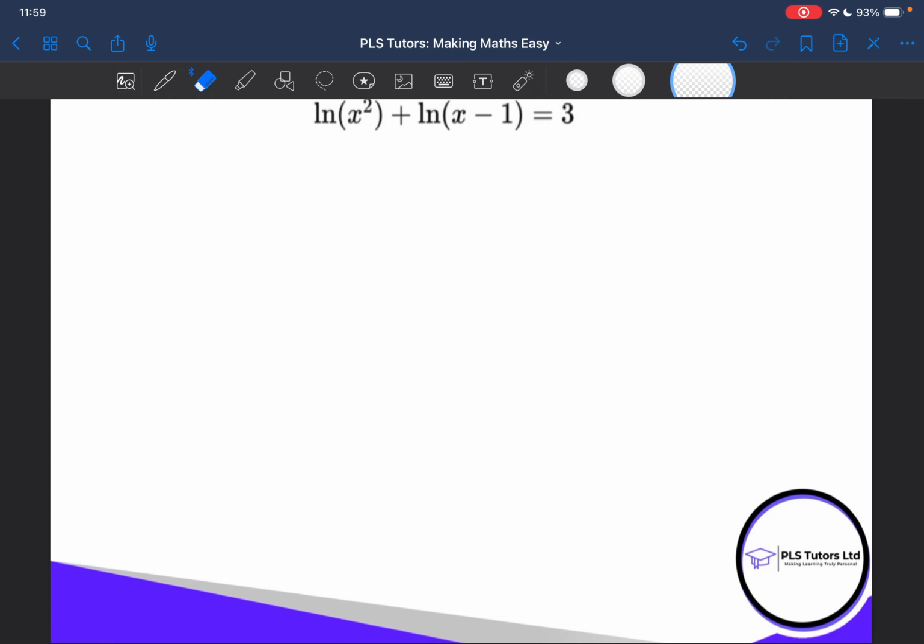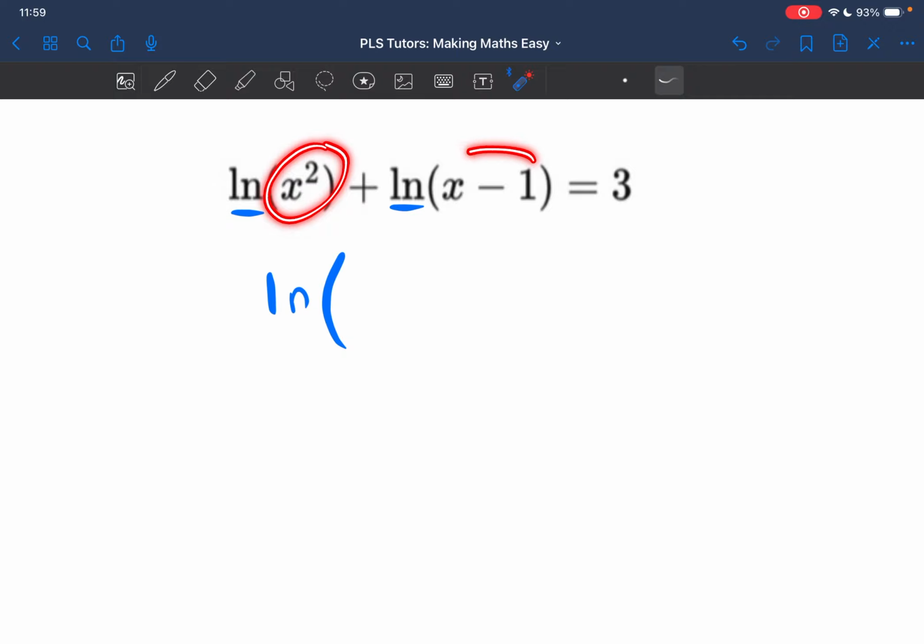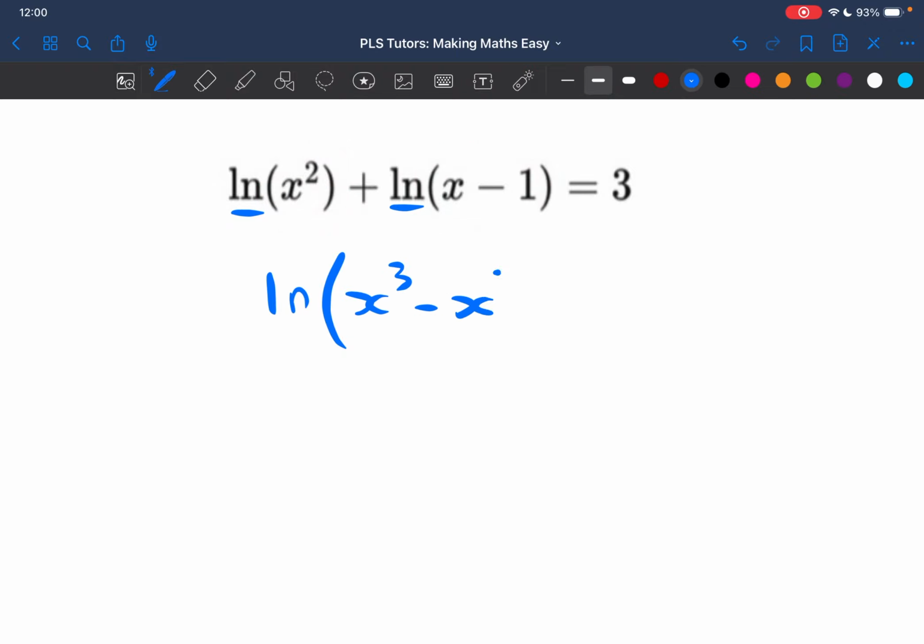So ln of x squared plus ln of x minus 1. We're using our log laws. The bases are the same, they're both natural log, and there's no numbers before. So we can multiply what's inside the logs. So x squared times x minus 1 becomes x cubed minus x squared is equal to 3. Now this is the second option I showed you, right?